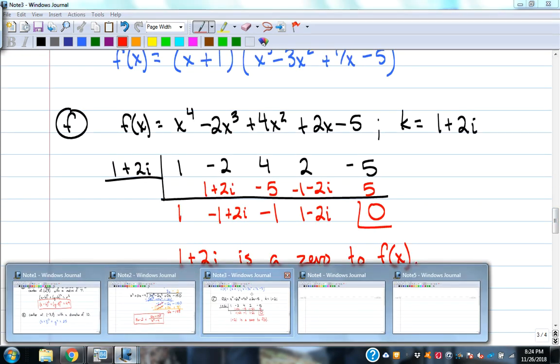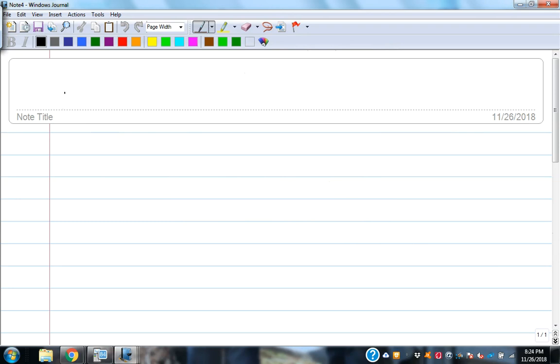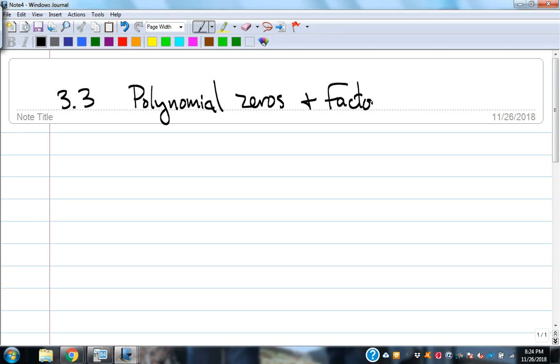Yeah, that's note 4, that's the one I want. 3.3, polynomial zeros and factors. So what we're going to be doing is factoring a polynomial completely.